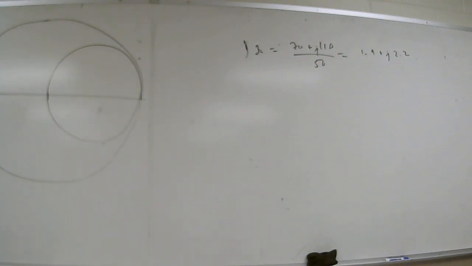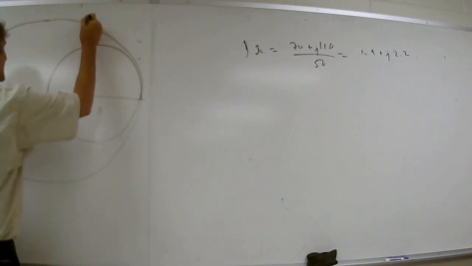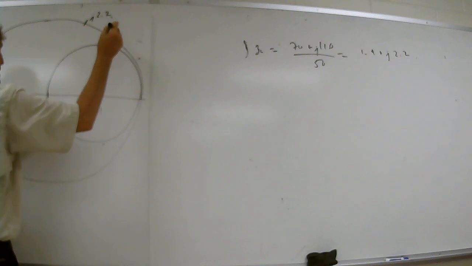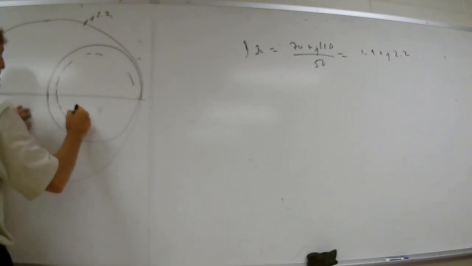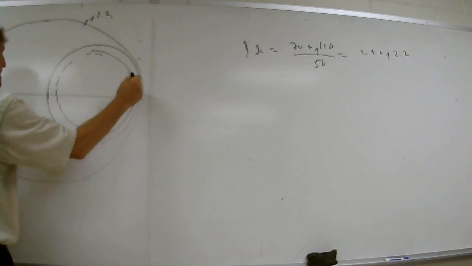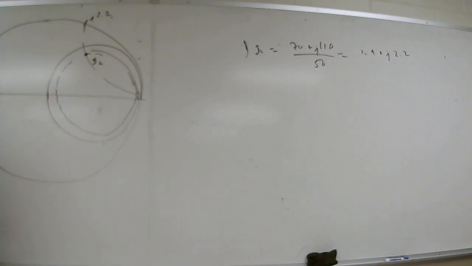So 1.4 plus j2.2. j2.2 is about here, I think. You can correct me. And 1.4 is a circle about here, just inside here. If you look at where these trajectories hit, it's about here. This is ZL. Do you agree with that, class?